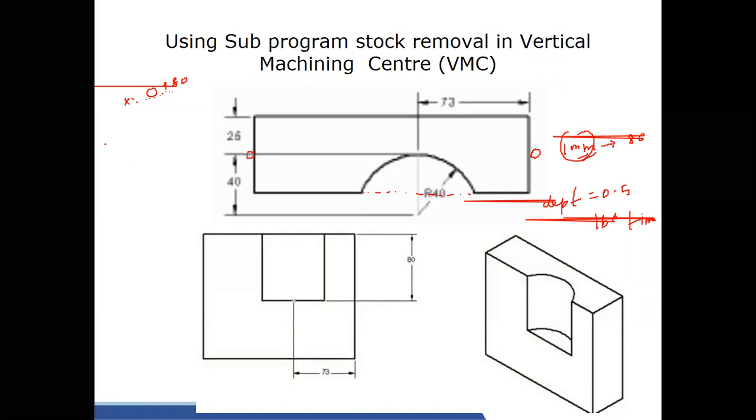Now, by using MDI, manual data input, or the handle, I can move the table such that it shows 90. In the sense, I find the middle point here. Let us assume this is the center point. Once this center point is found, you can set x equal to 0. This point will be taken as x equal to 0.